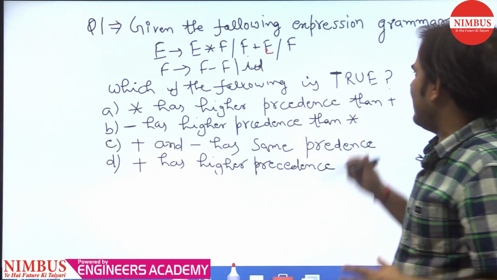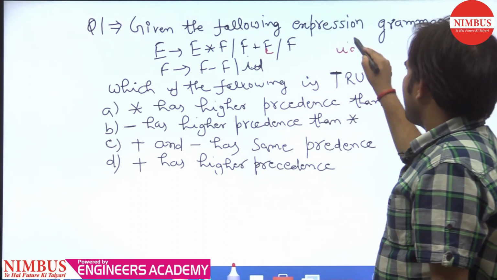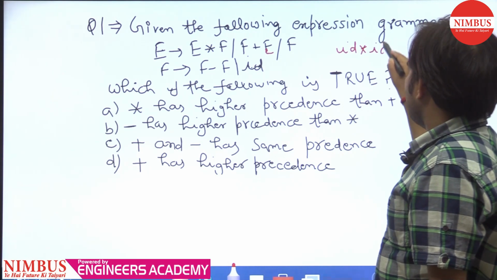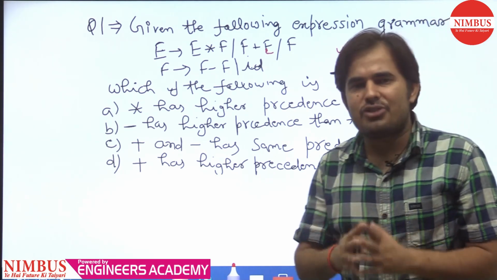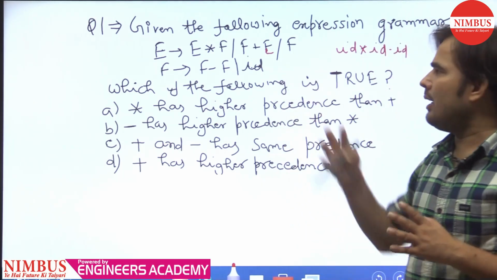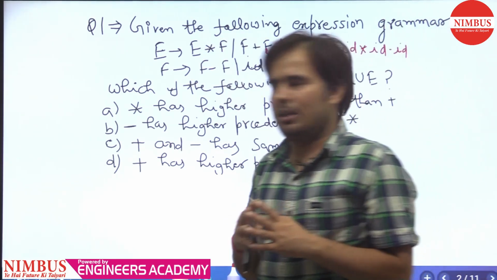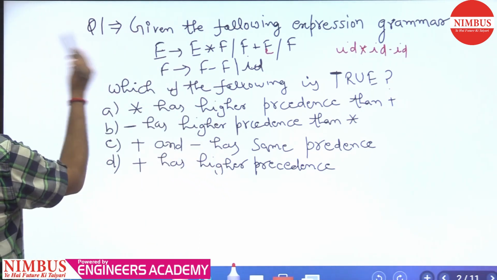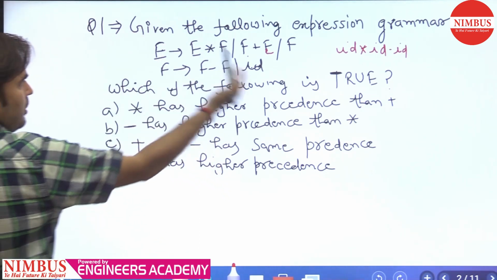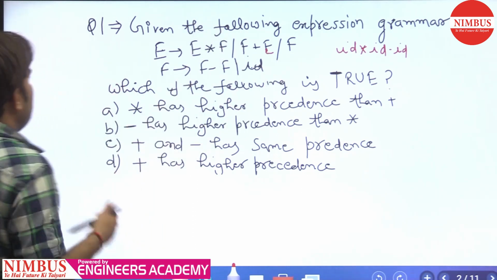Suppose I am going to take a string like this, id asterisk id minus id. So we need to produce the parse tree for this string with the help of the given grammar productions. So here I am going to produce the parse tree for this string which we can generate through this grammar, okay.